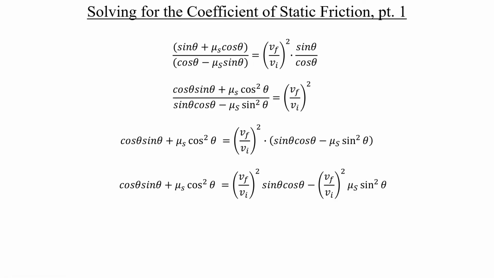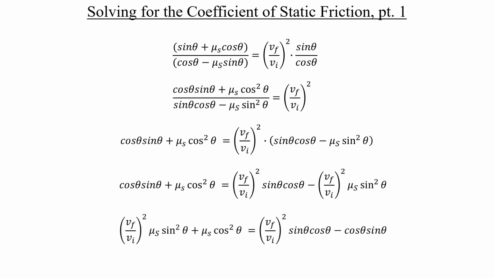Now, we can exchange this cosine multiplied by sine term on the left-hand side with this mu sub s chunk on the right. And finally, all the mu sub s terms are hanging out together on the right side. Well, on the left side. Hopefully you know what I mean there.